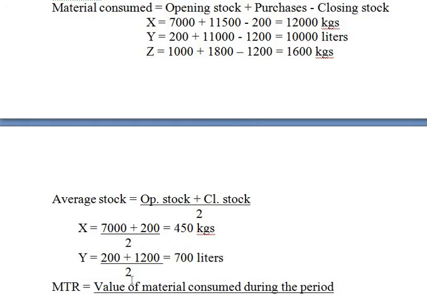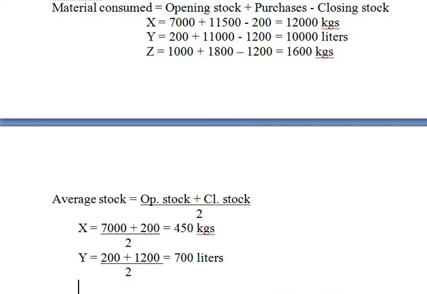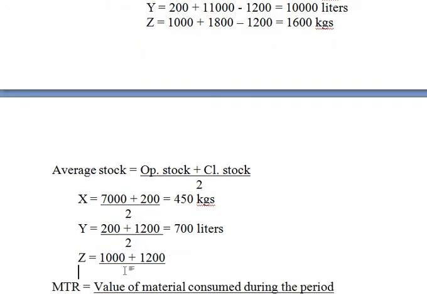Okay, yes. Now same thing, calculate for Z also. Z is equal to 1,000 plus 1,200 divided by 2.